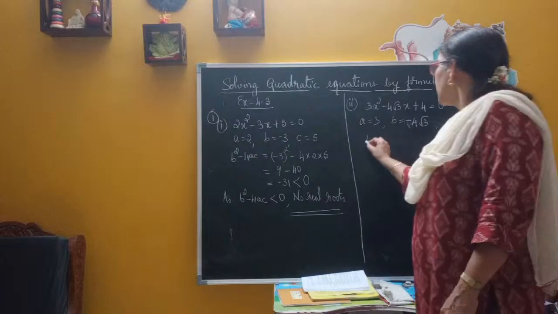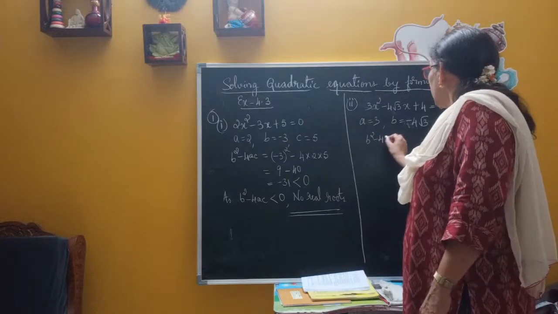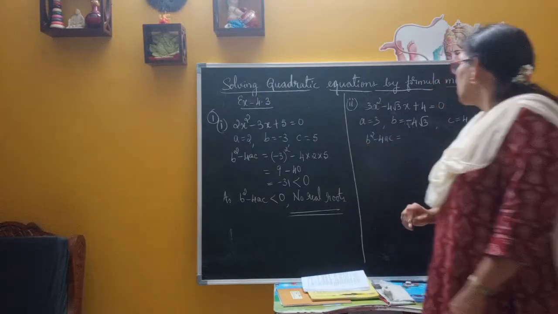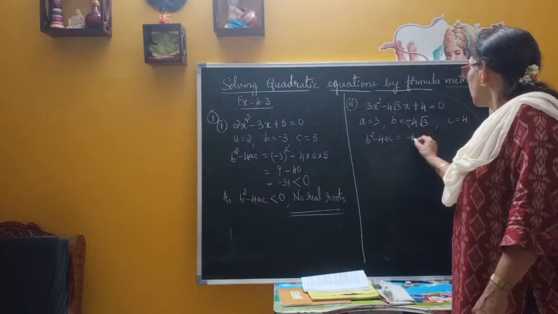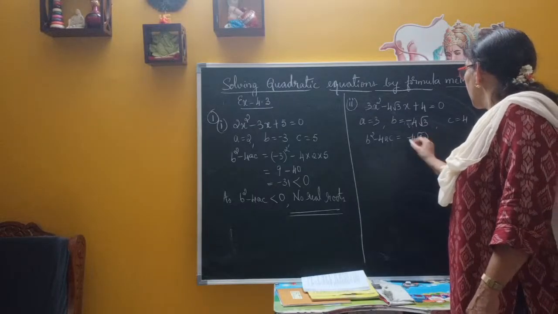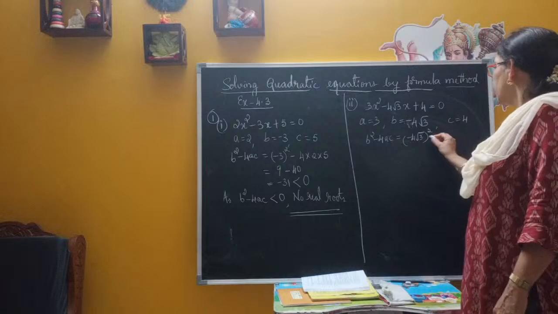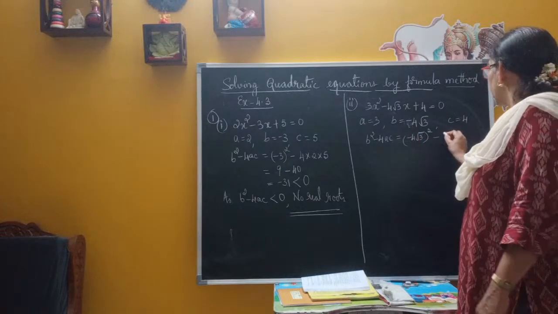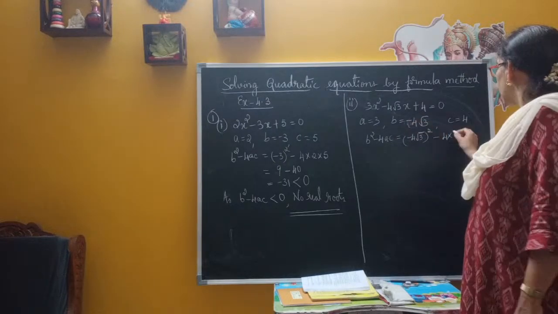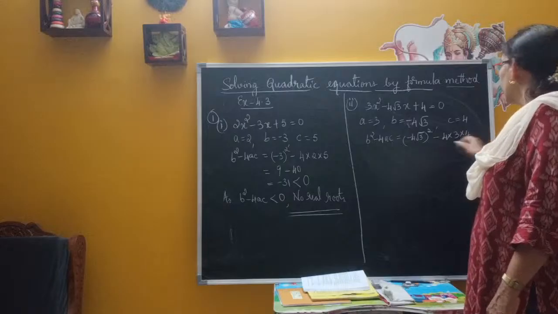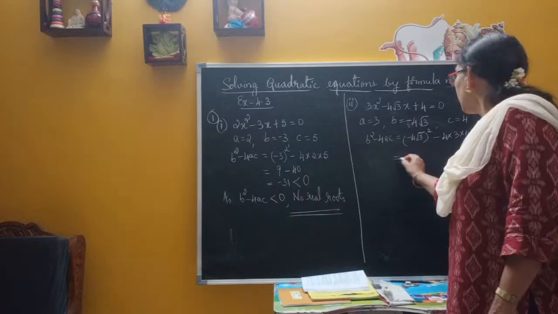So b square minus 4ac, let us find now, is equal to minus 4 root 3 whole square, minus 4ac, that is minus 4 into a value 3 into c 4.